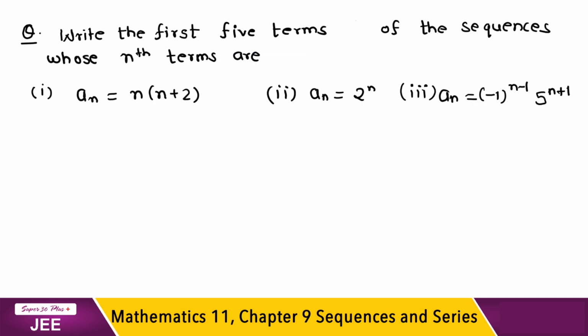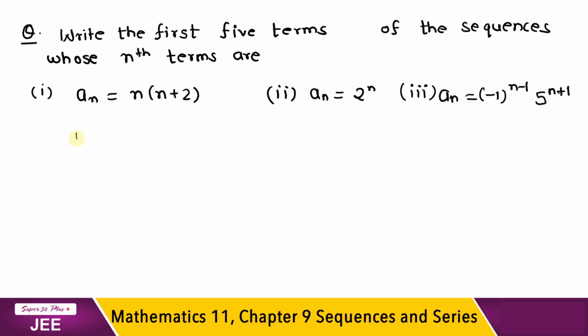So here we have a question that says, write the first 5 terms of the sequences whose nth terms are: first part, an is equal to n into n plus 2; second part, an is equal to 2 raised to the power n; and third part, an equals to minus 1 raised to the power n minus 1 multiplied by 5 raised to the power of n plus 1.